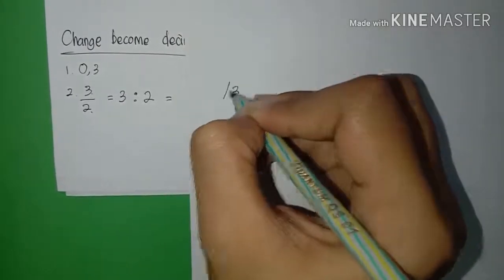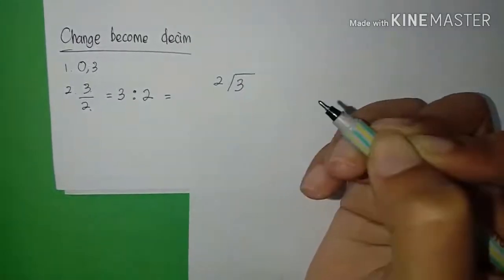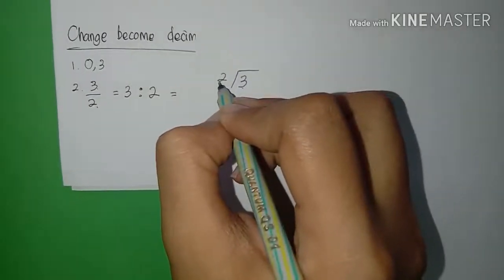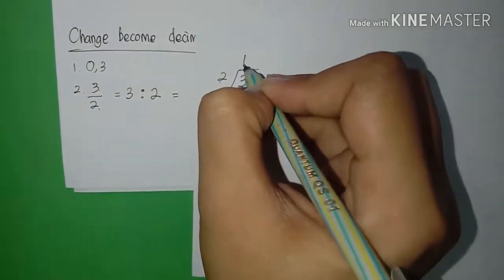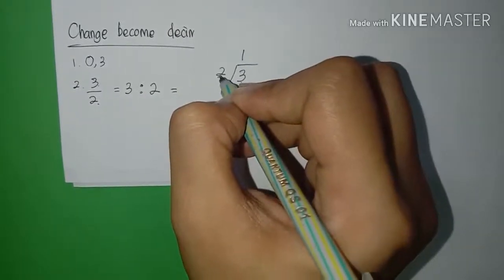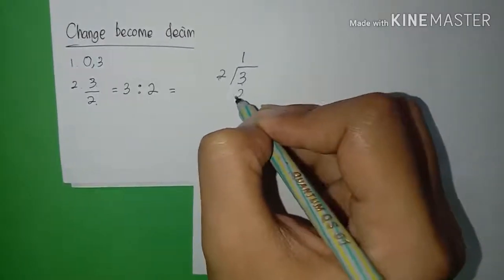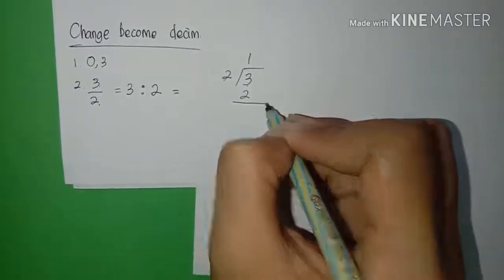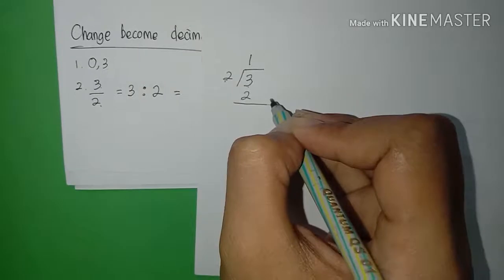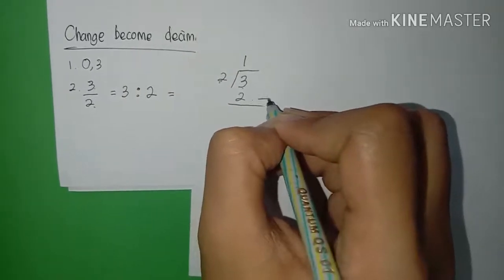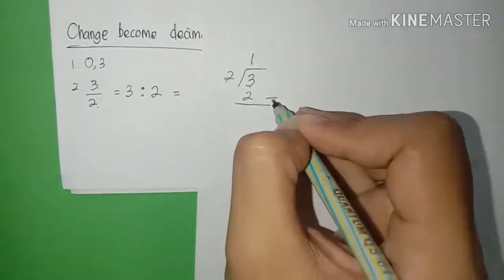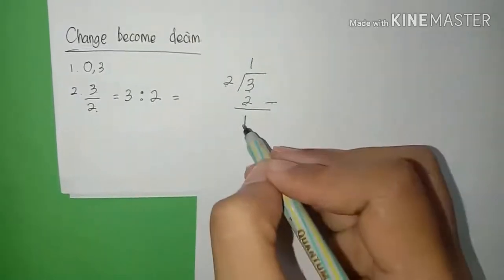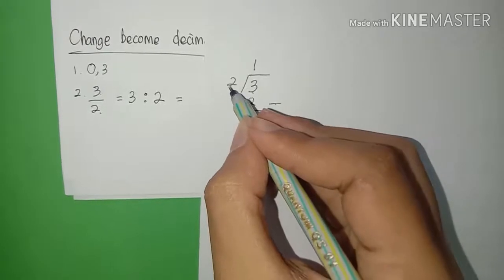3 divided by 2, how many? 1. 1 times 2 is 2. We put it at the bottom of the 3 and subtract. The result is 3 minus 2 is 1. And then 1 divided by 2.